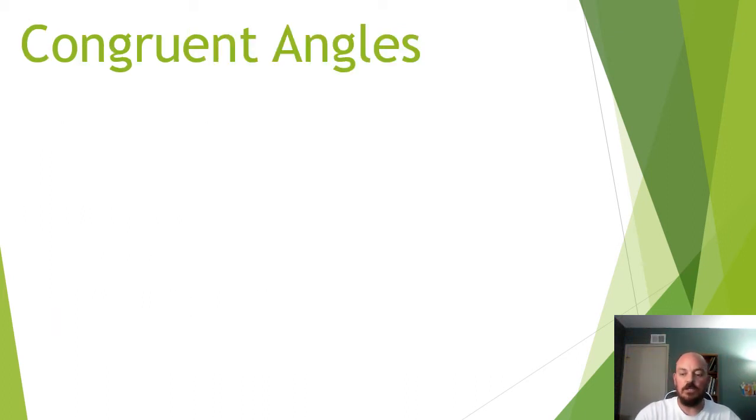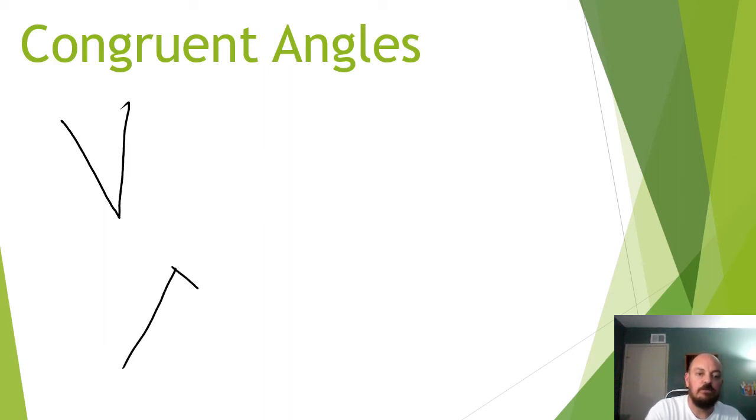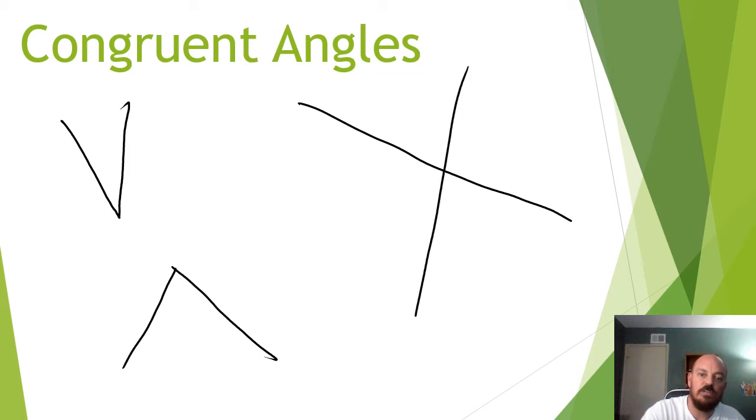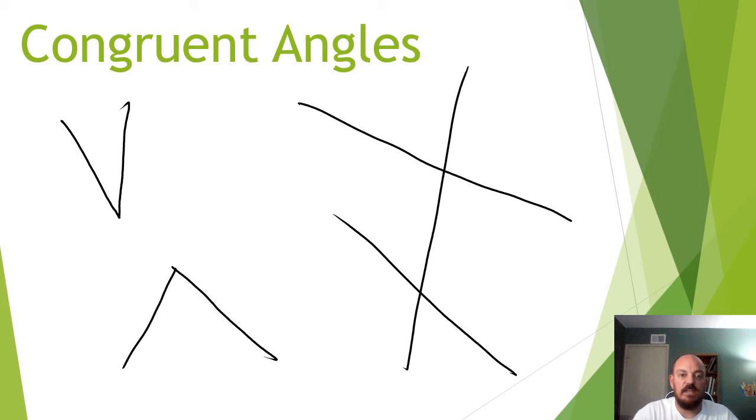All right, so let's take a look at several different angles. Maybe we have one angle right here, and maybe we have another angle over here. Maybe over here we have those lines crossing that create several different angles. So I've created a whole bunch of angles here. Now let's say I wanted to show that 2 angles were congruent.